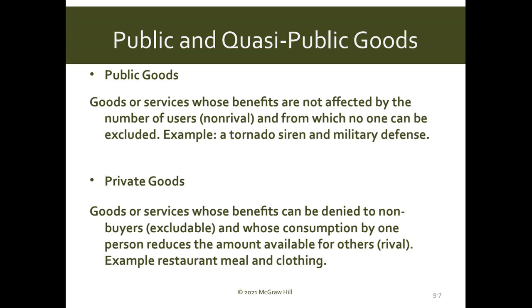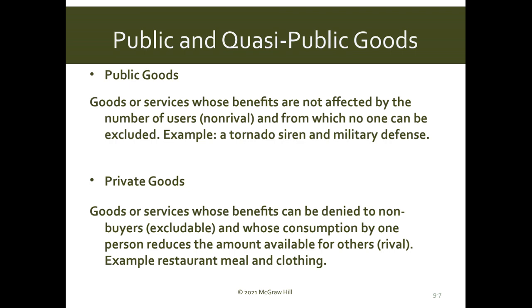If a product is non-rival, that is, has a joint consumption property, but is excludable, this is called a quasi-public good. By quasi, I mean half. So half public good, because those goods and services have one characteristic, non-rivalness, but not non-excludability.